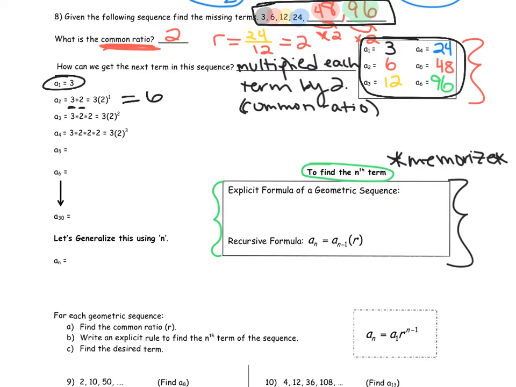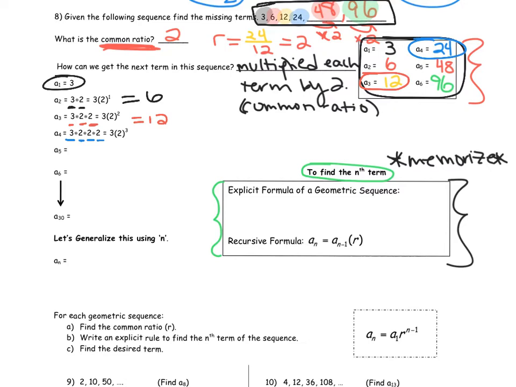For the third term, that a sub 3, well, again, we're taking the first term and we're multiplying it by 2 twice. Because 3 times 2 is 6. 6 times 2 is 12. So that's 3 times 2 squared. Again, hopefully we're picking up on a pattern here. Now to get to the fourth term, again, you're taking that first term and we're multiplying by 2 now 3 times.